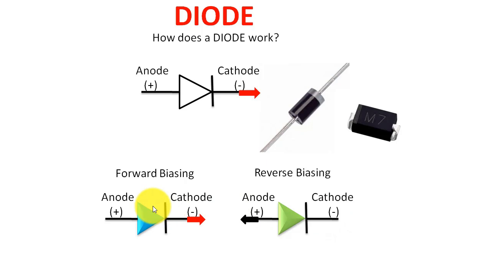In forward biasing it is positive, anode to cathode, and cathode to anode is negative. We'll discuss more later on.